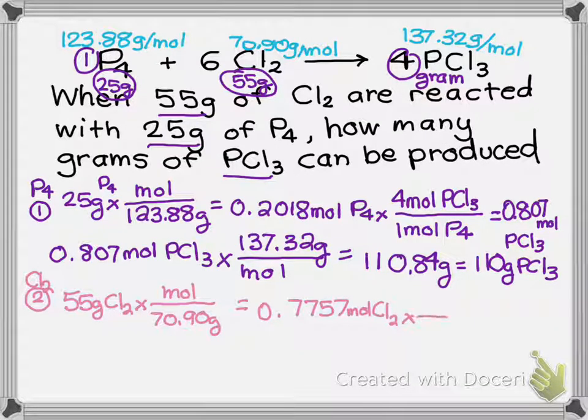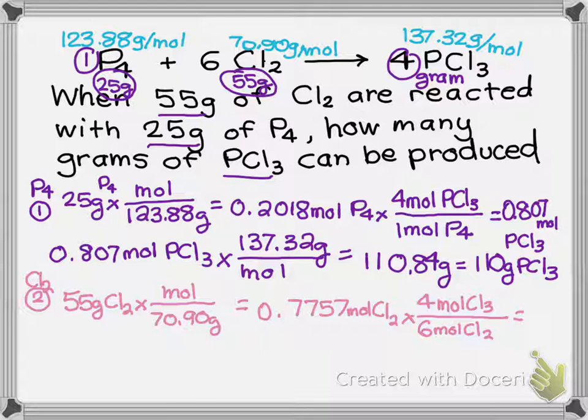Then I'm going to multiply by the ratio in order to find moles of PCl3. So let's see, Cl2 has a 6 in front of it. That will cancel those out, and then a 4. So times 4 divided by 6.